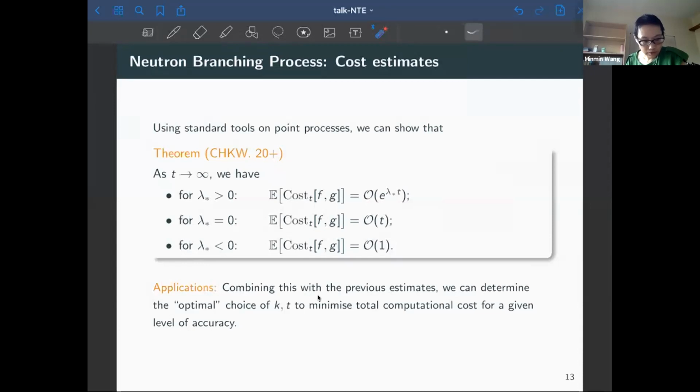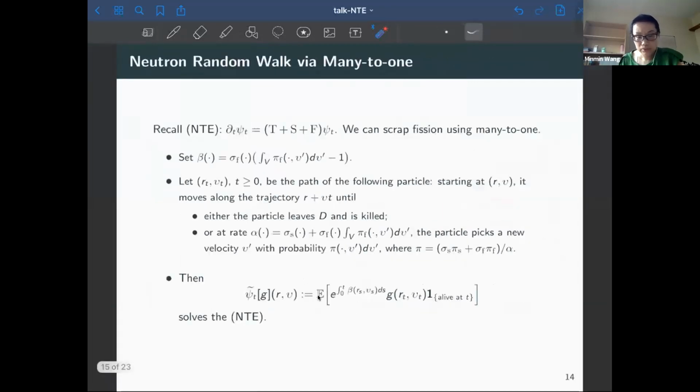Now let's move on to the neutron random walk, which is a result from the many-to-one formula. Let me just explain very quickly what the idea is. Let's recall the neutron transport equation, which tells you the evolution of the flux, driven by three external forces.